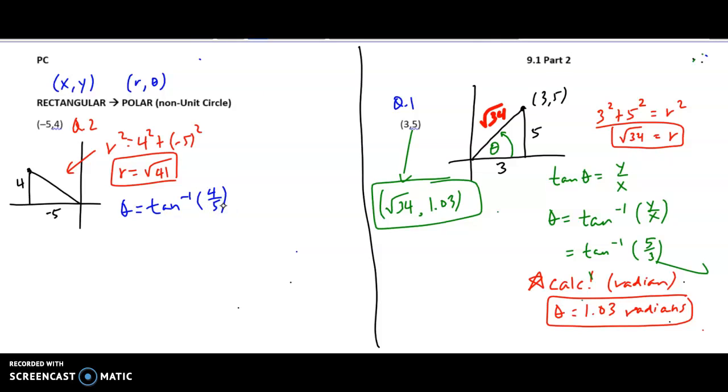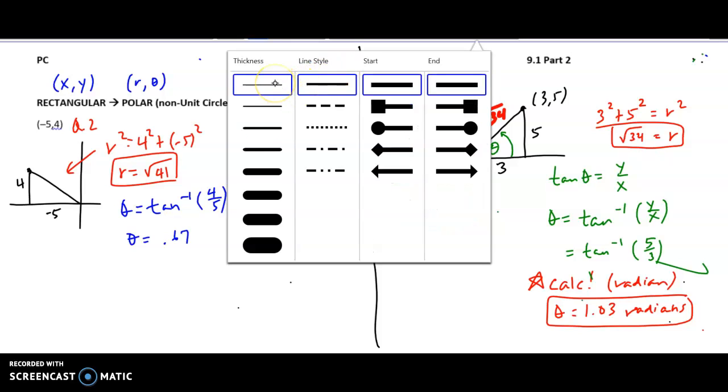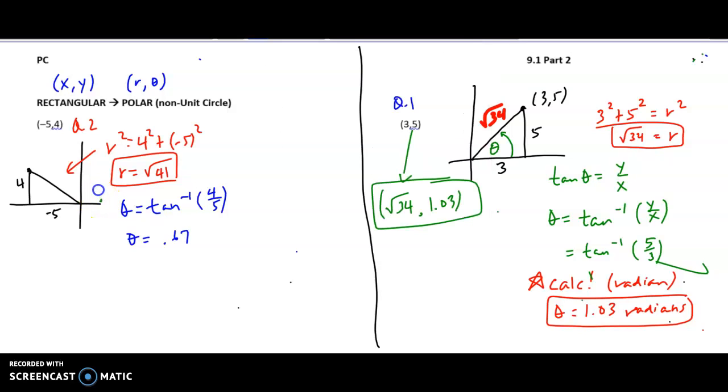Now, when you go to your calculator and do the inverse tangent of 4 over 5, make sure you're in radian mode, you'll get an angle of 0.67. Now, you have to think about what you get as an answer. That should be a red flag for you, because your angle is in quadrant 2, but 0.67 is not even 1 radian.